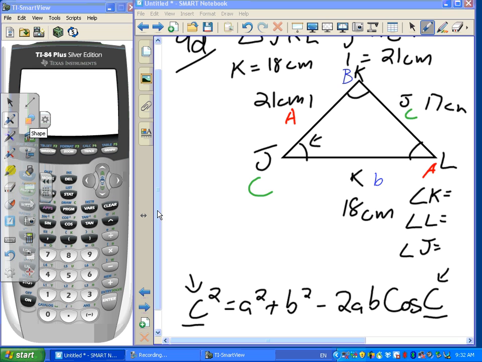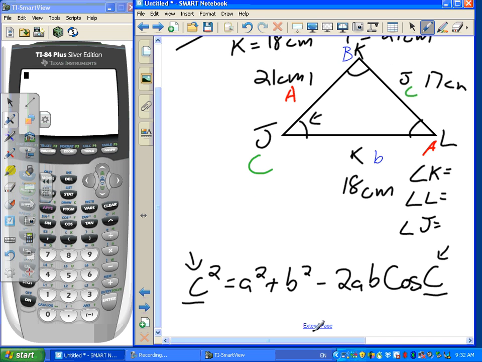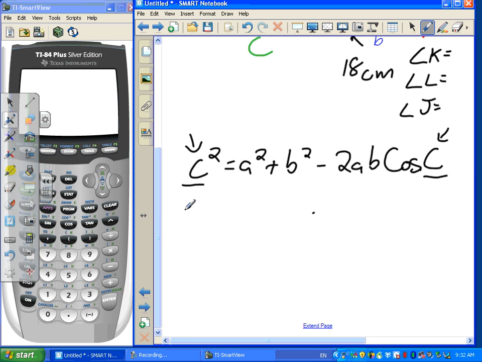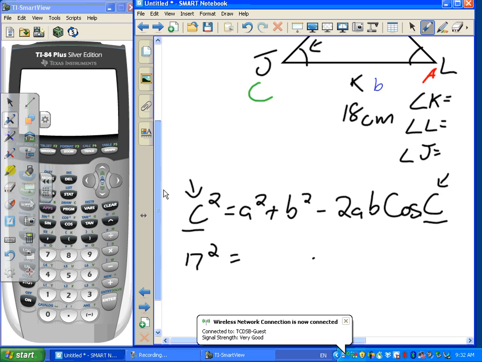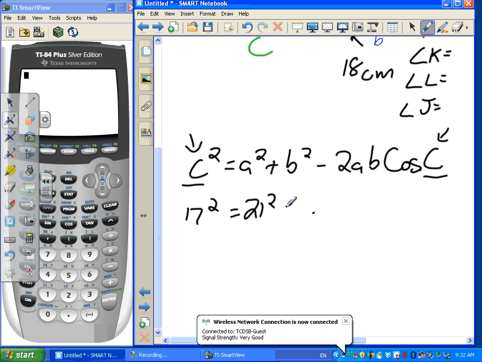Now that we have those, we're going to plug them in. So our side C is 17. So we get 17 squared is equal to our A and B. A was 21 and B is 18. 21 squared plus 18 squared.